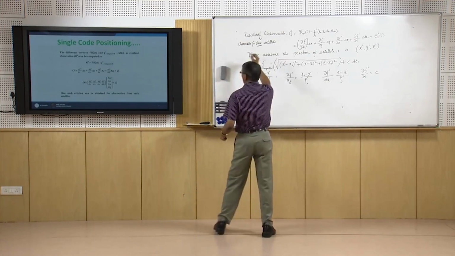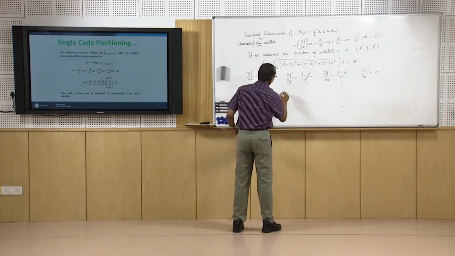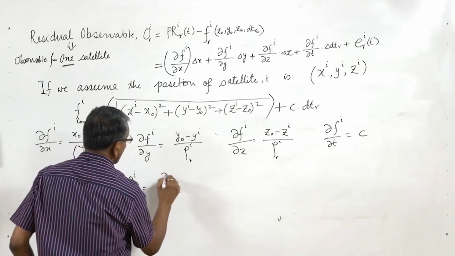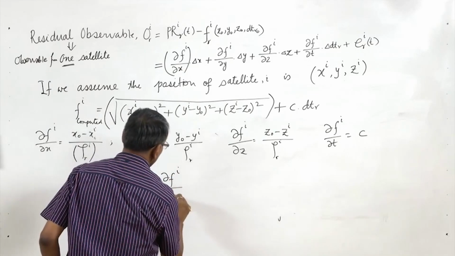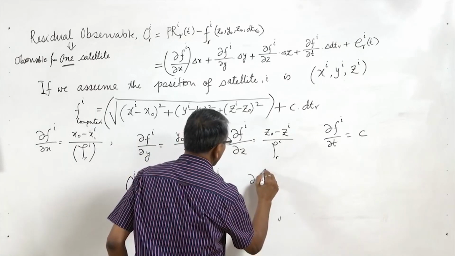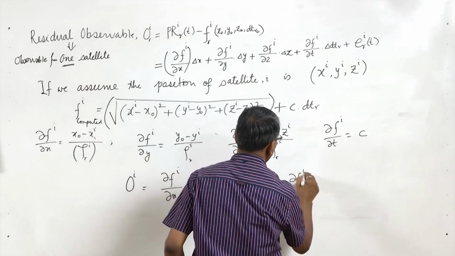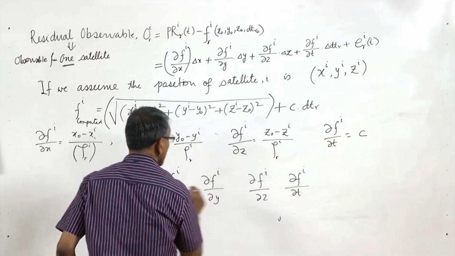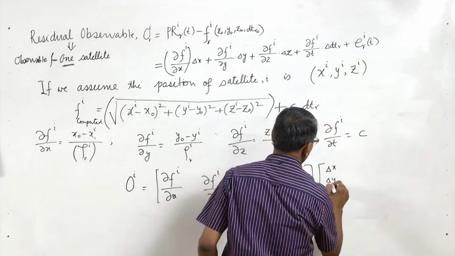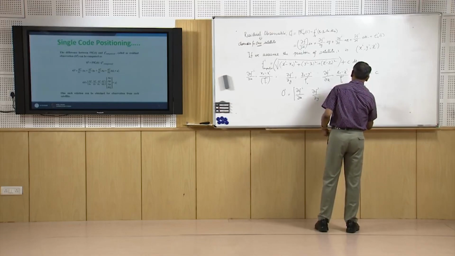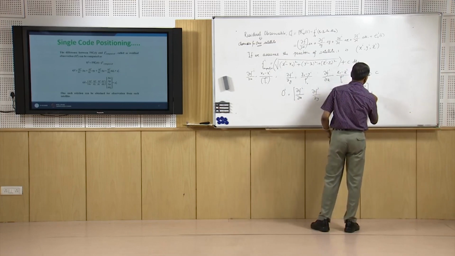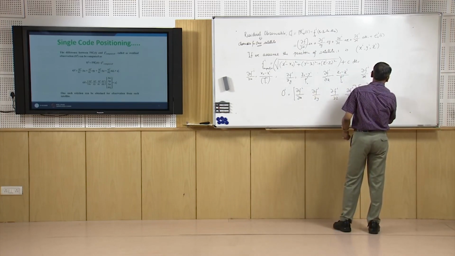Of course, one more thing, this observable O_i can be written in matrix form like this: df_i by dx, dy, dz, dt_r, times del x, del y, del z, del t_r, plus our error E_i^R(t).